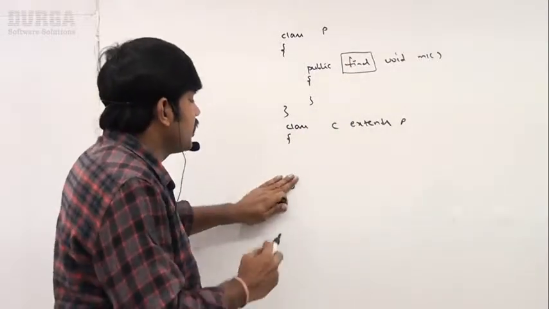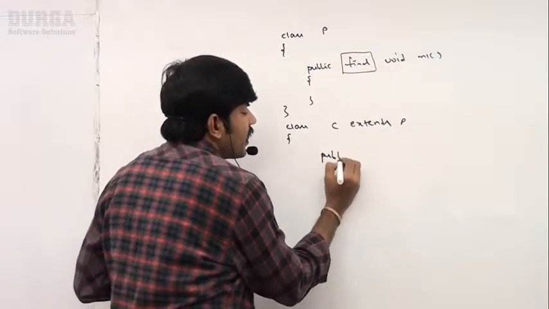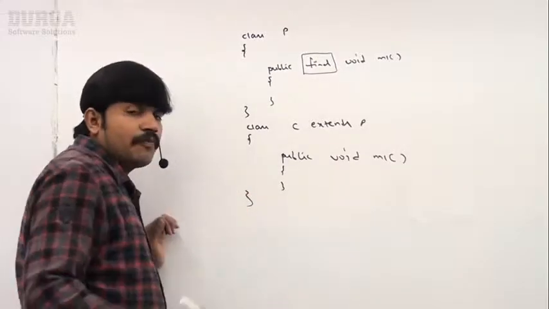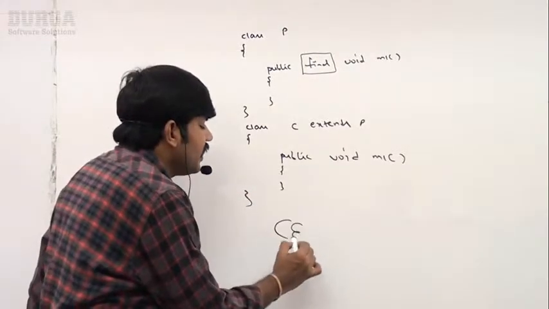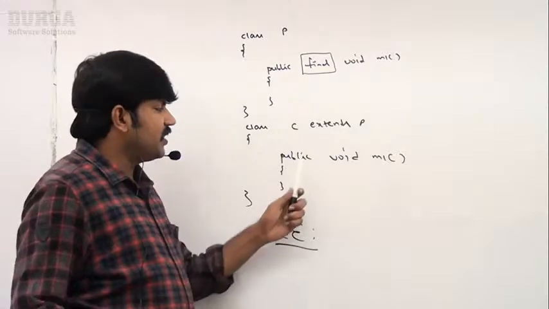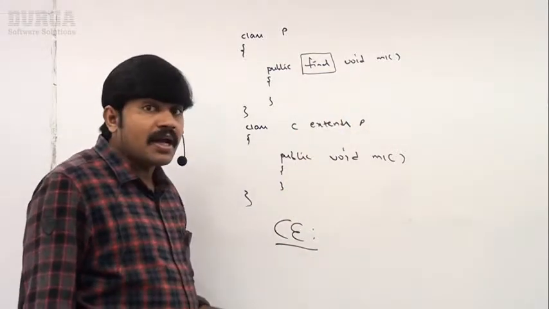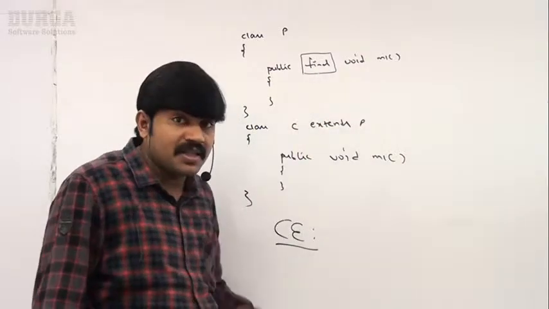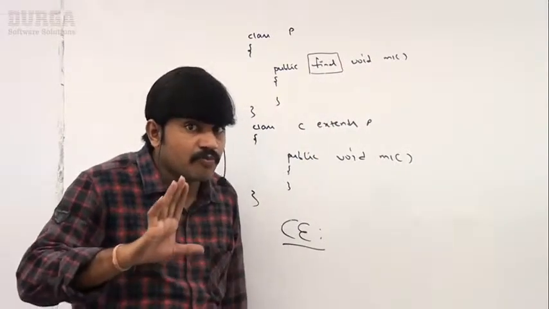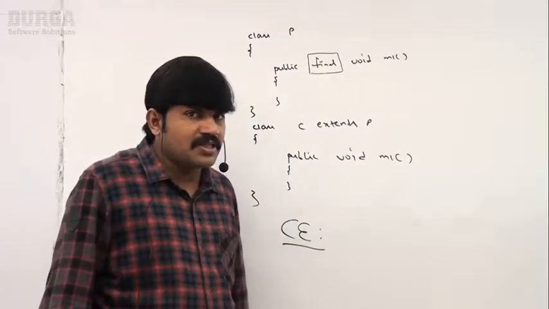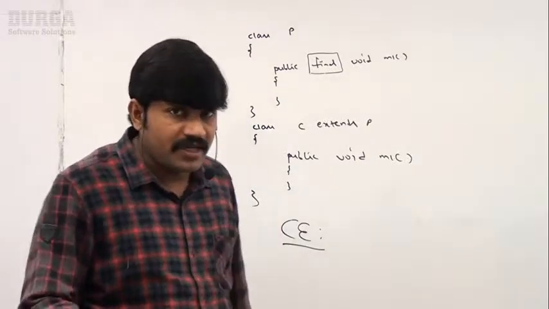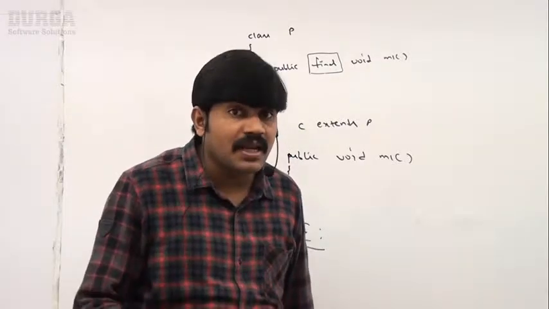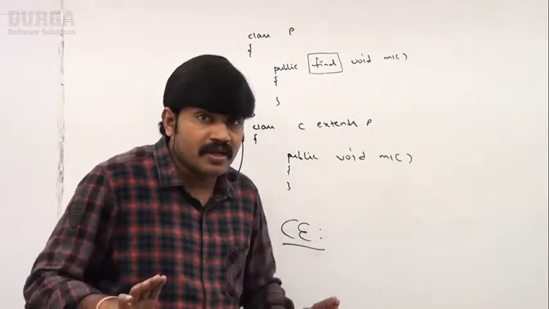By mistake, if I am trying to perform overriding with public void m1, immediately we are going to get a compile-time error: m1 in C cannot override m1 in P because the overridden method is final. Remember this one, the overridden method is final. That's why it is not possible. So can you please tell, is the overriding concept applicable for final methods or not? Not possible. If you are trying to perform overriding, immediately we are going to get a compile-time error by default. Clear for all of you, right?